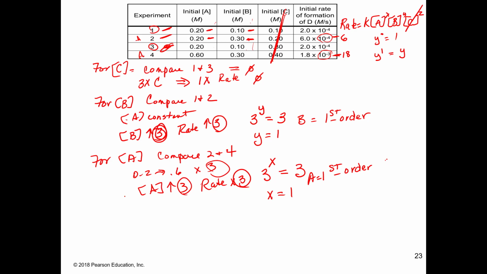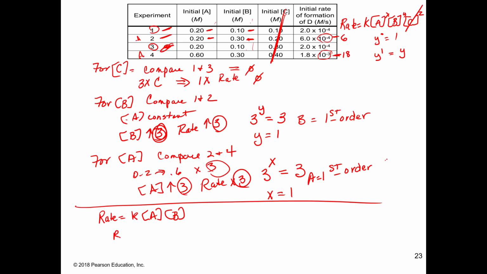So our actual rate expression is rate equals K times A to the first times B to the first, but that's really A times B, the concentrations. And so if I want to find out what K is, I rearrange that, and K is equal to the rate divided by the concentration of A times the concentration of B. And again, you can use whichever one you want.